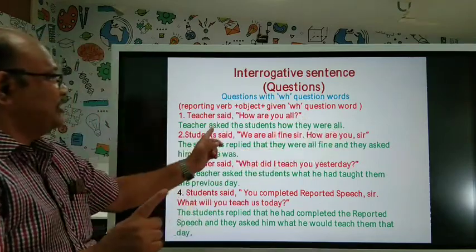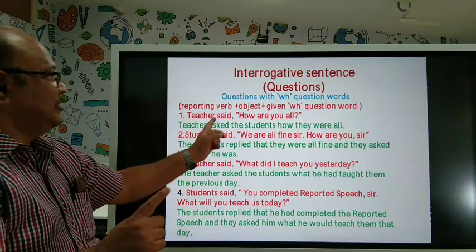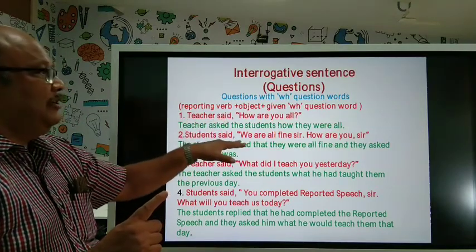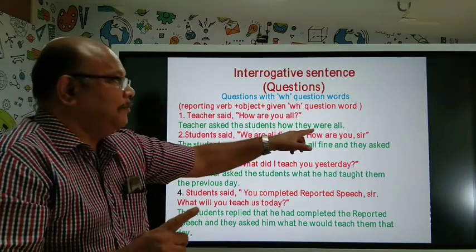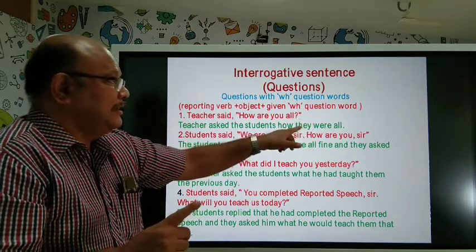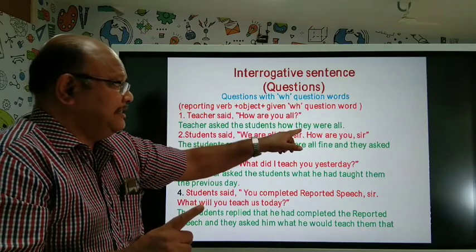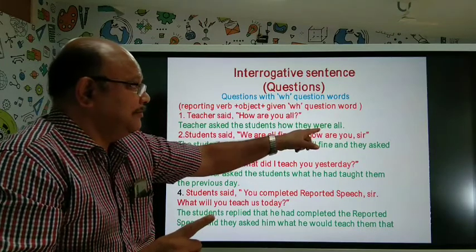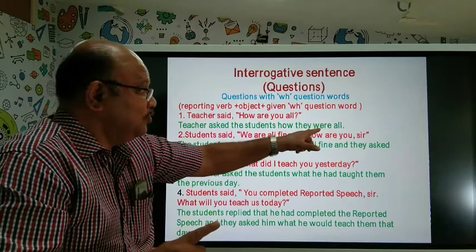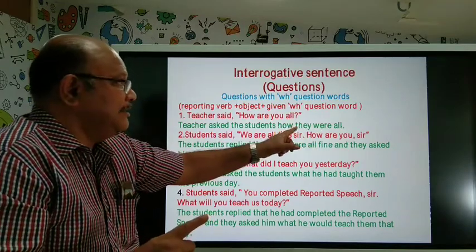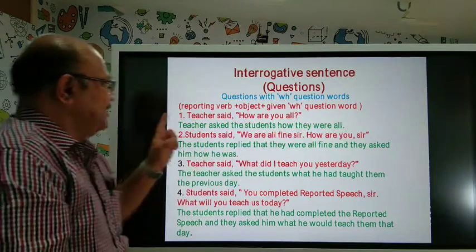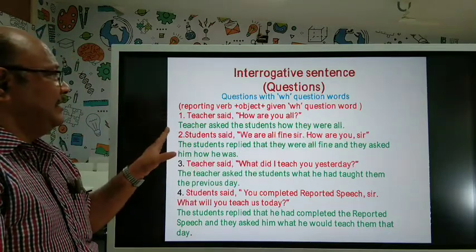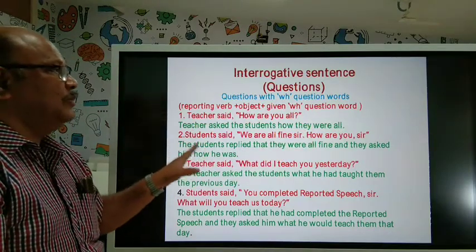Even though this is a question, when you convert into indirect speech, use the statement form. That is why we are using the word "they" first and then comes the verb. In a question it will be "were they." In a statement, "they were." So follow the statement form here. Finally, teacher asked the students how they were all.